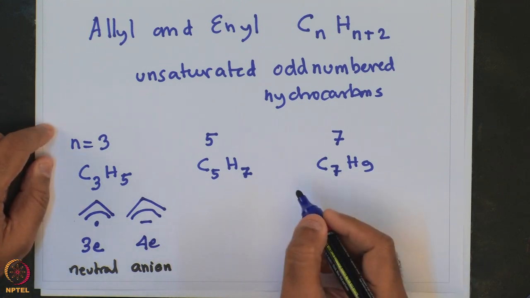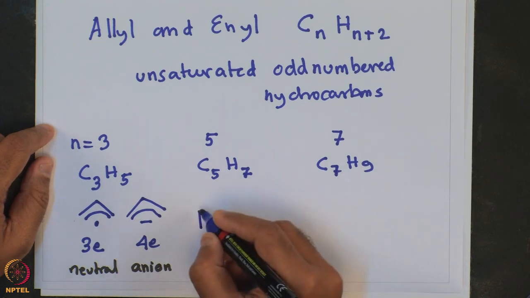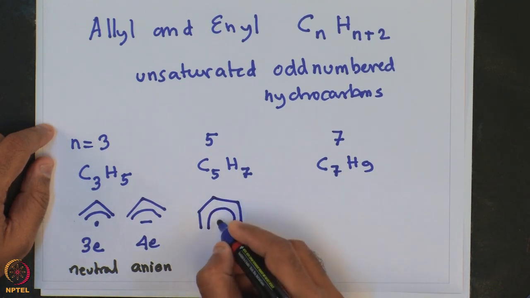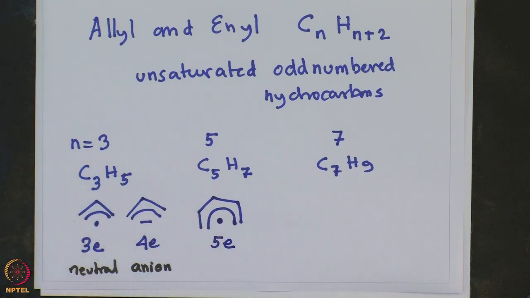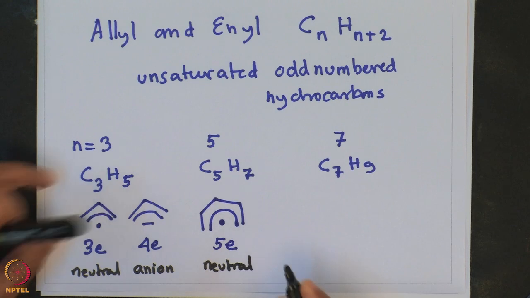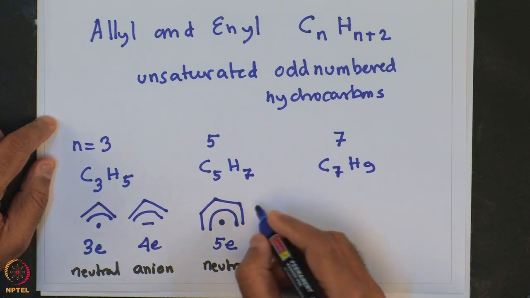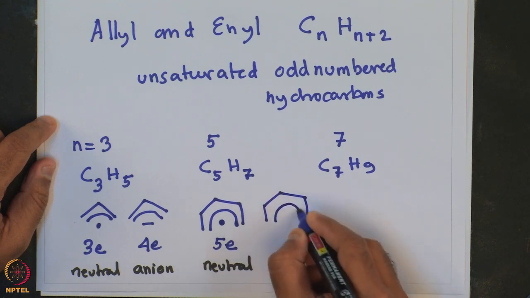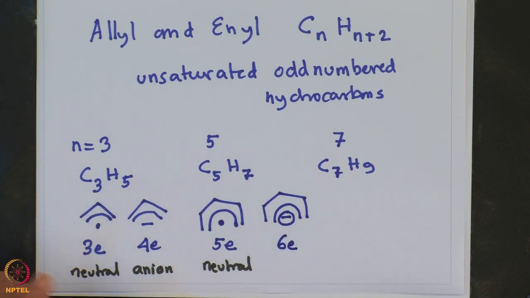Similarly, C5H7 can also exist in a neutral form, so it becomes a 5 electron donor. They can also exist in an anionic form, which makes it a 6 electron donor.